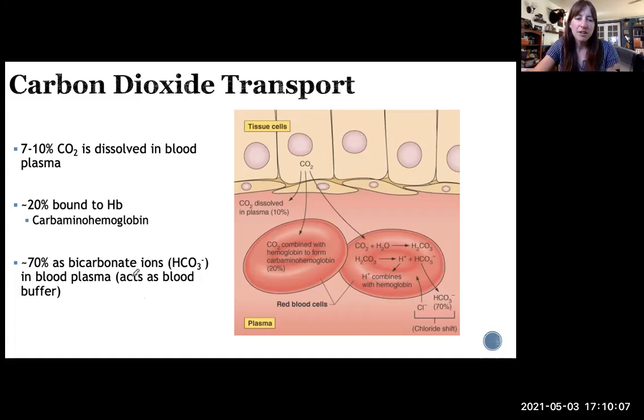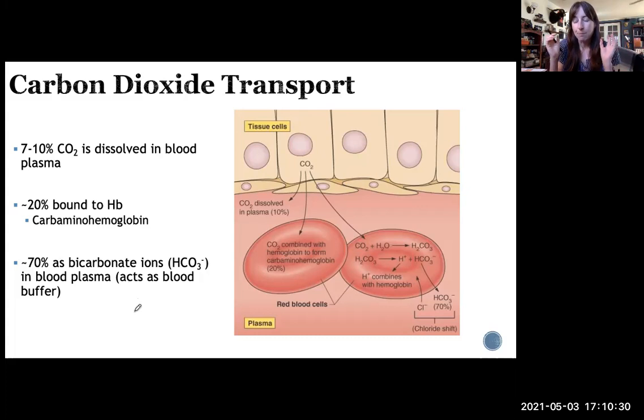This also contributes to the pH of your blood. So as we learned back in part A in the chemistry part, hydrogen ions, those little H pluses, increase the acidity of the solution, right? So acids have these hydrogen ions floating around. Bases have bicarbonate ions floating around.